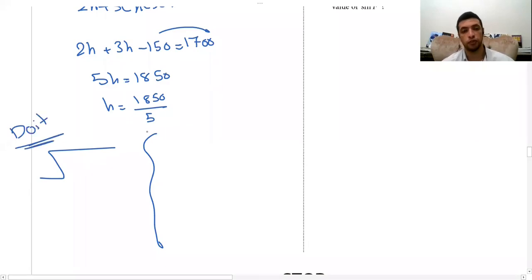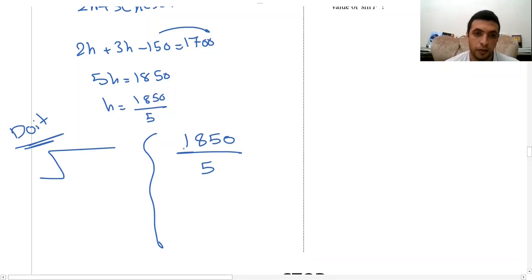I'm going to introduce another way. Look, 1850 divided by 5. I'm going to divide each digit. 1 over 5, I cannot divide it, so I'm going to take 18. 18 divided by 5, I know that 15 divided by 5 is 3, and I still have 3 from the 18.